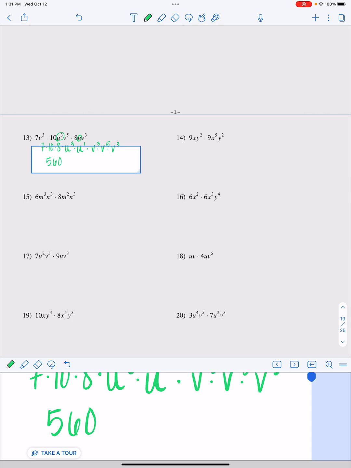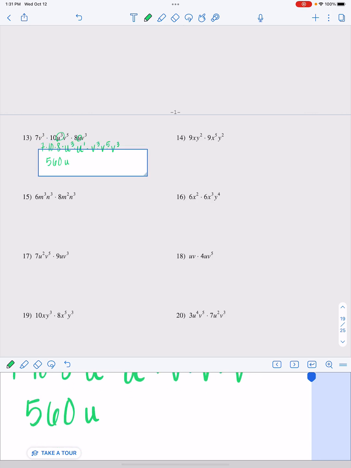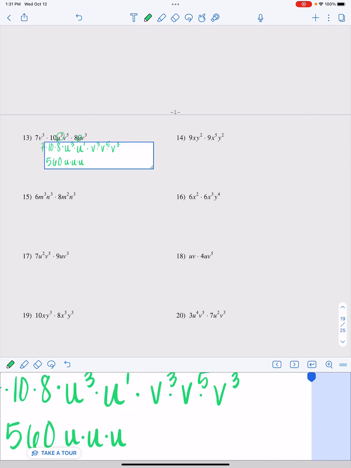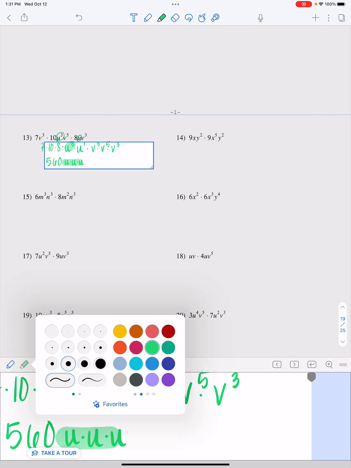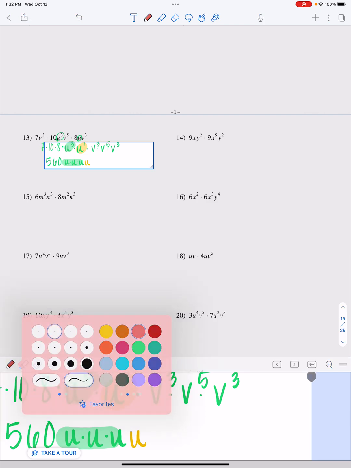Now, a long time ago, you learned that u cubed meant u times u times u. And then I need a u to the 1st. So this guy goes with these. That one is going to go right here. Then I'm going to do similar things with the v's.